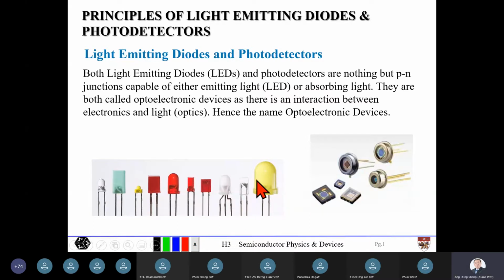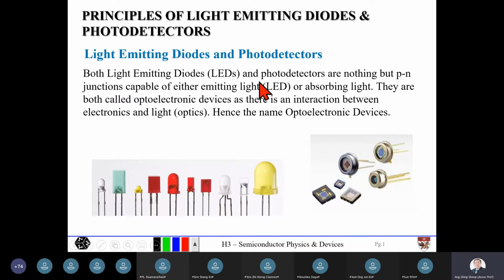It's actually a plastic compound enclosing the LED. The LED is actually somewhere here. If you look at this particular LED, the PN junction, the light emitting diode, is actually somewhere here. Why must it be enclosed in a hemisphere like this? There's a good reason for that, so we will go into that later on.